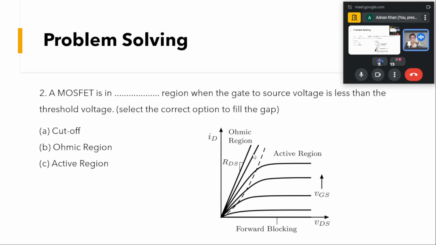So we want our devices to operate in the ohmic region. The answer to this question is: whenever the gate source voltage is less than the threshold voltage, our device is in the cutoff region. So the answer is cutoff region.